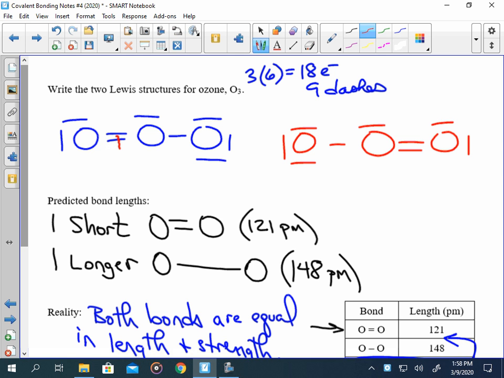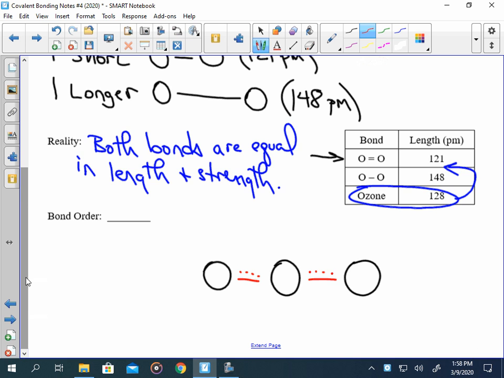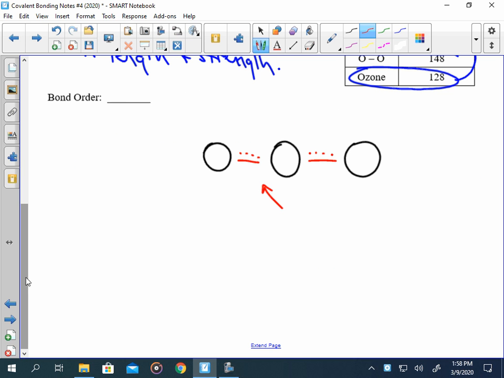It's not a single bond. It's not a double bond. It's a 1.5 bond. And if you're like, that doesn't exist, tell that to ozone. It really doesn't care what we think should be. We have two equal 1.5 bonds.